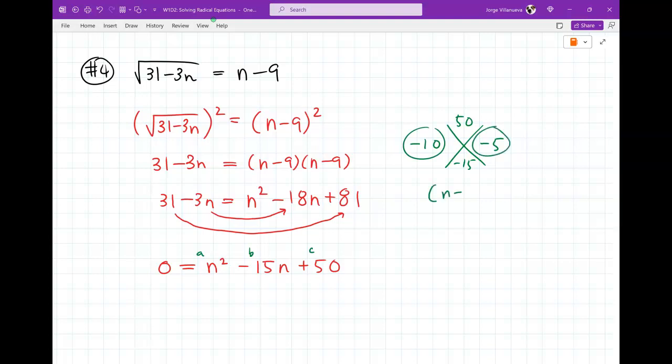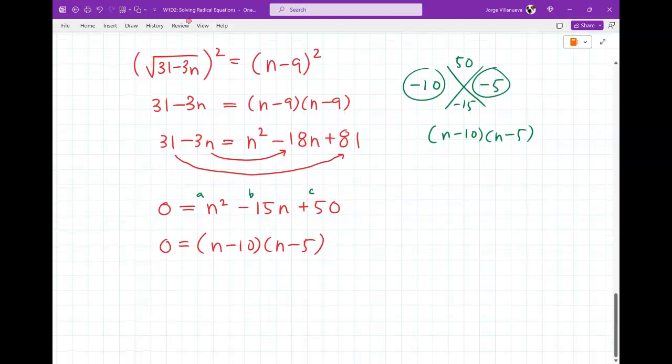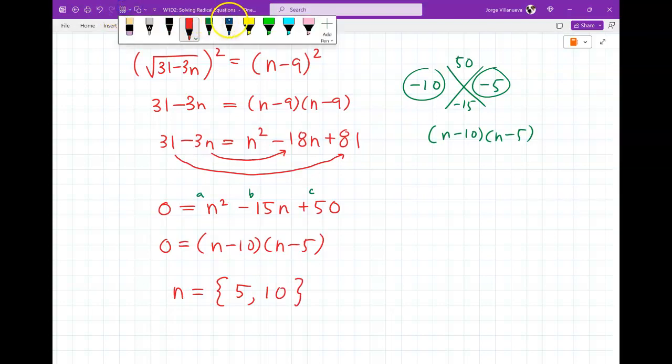So that'll be n minus 10, n minus 5. So 0 is equal to n minus 10 and n minus 5 as factors. So my two answers are supposed to be what? A positive 5 and positive 10. That's what they're supposed to be. Let's check them.